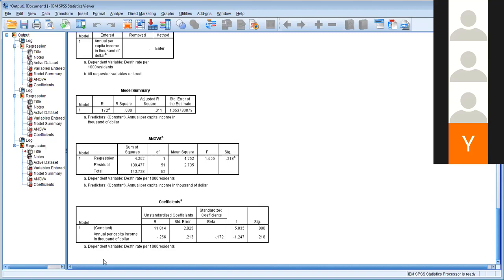But in your R square here, it will not show you negative as R. The one you go to know negative is the regression coefficient. Look at it, it is minus 0.1. That minus shows that as the per capita income increases, the death rate decreases. It is the one that will show the relationship.